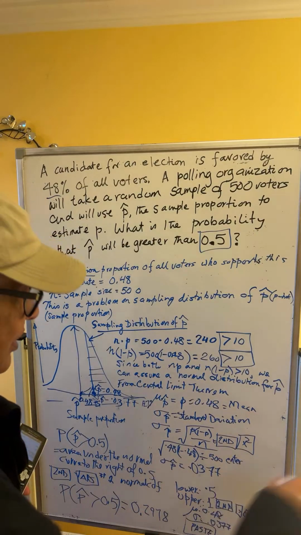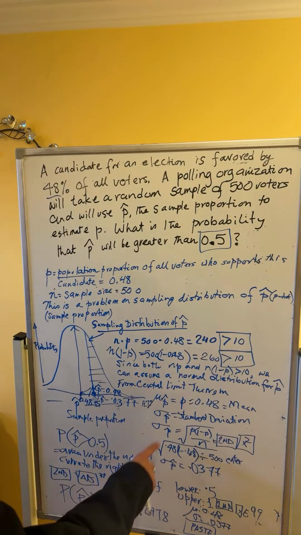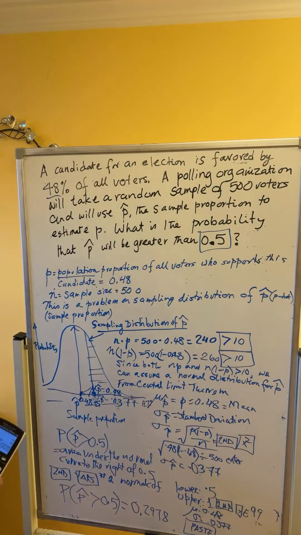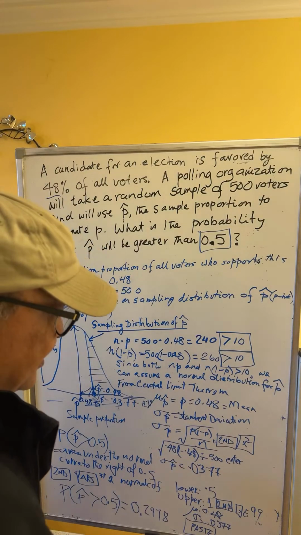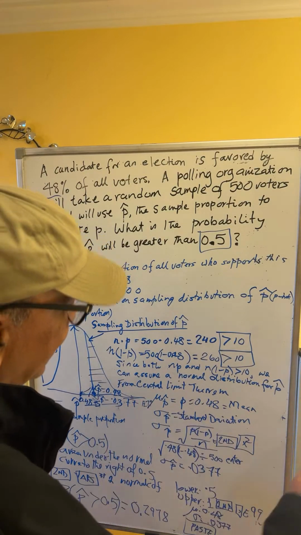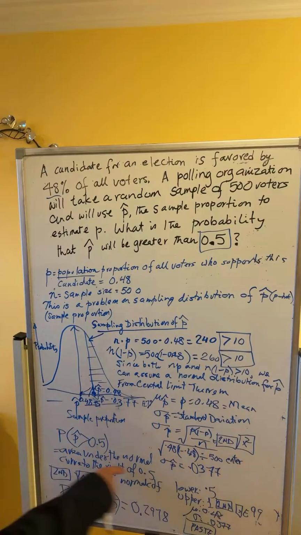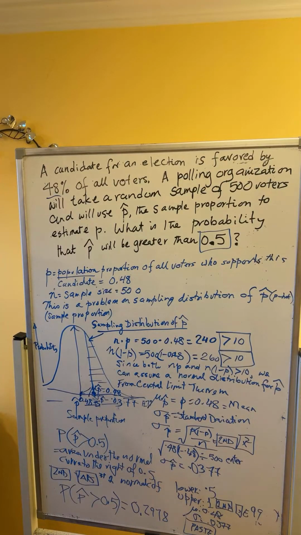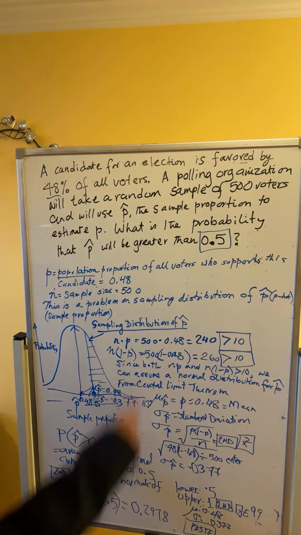It is second button, and the x squared button gives you the square root, and it is 0.48, left parenthesis 1 minus 0.48, P times 1 minus P, then divided by n, sample size of 500, and enter. Sigma P hat, the standard deviation of the sampling distribution, is 0.0377. So we got the mean, we got the standard deviation of the sampling distribution.